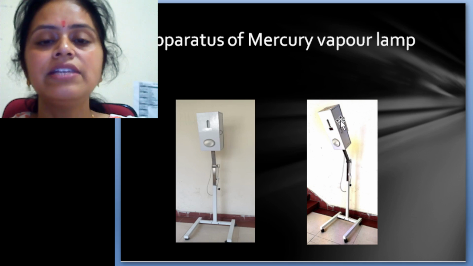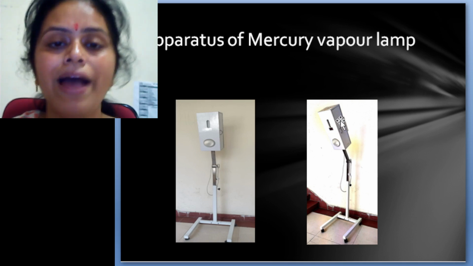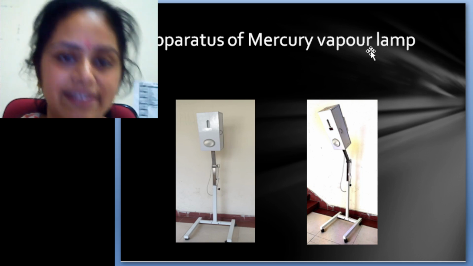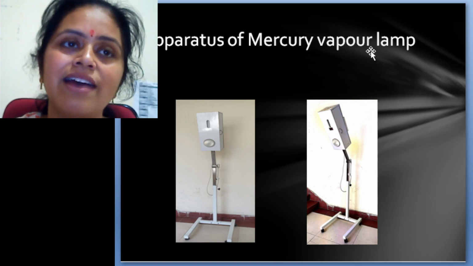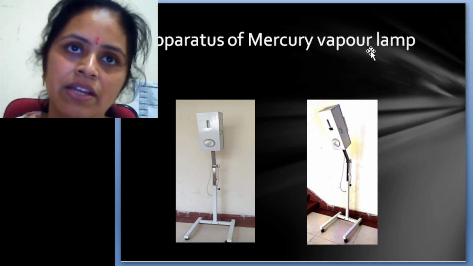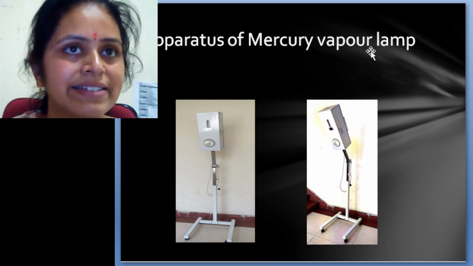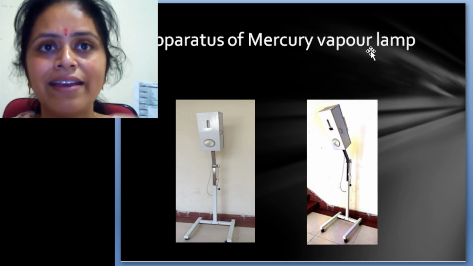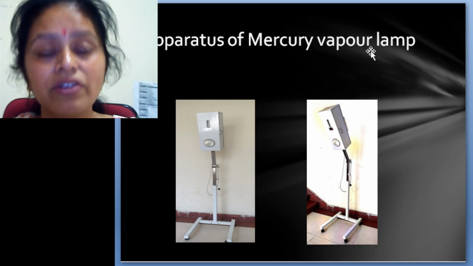This machine also has one more drawback: the mercury vapor lamp emits short UV rays. Now these short UV rays again create a side effect on disordered skin, for example acne vulgaris. It will enhance the diameter, the area of infection, so it will increase that.